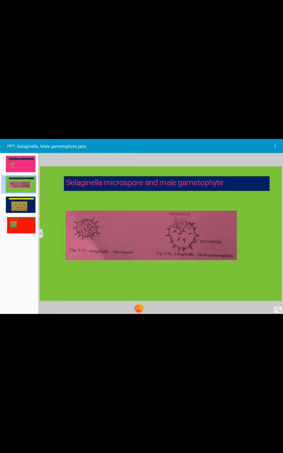After germination it forms a 13-celled gametophyte before the sporangium dehisces. At the stage of 13 cells, the sporangium dehisces. The male gametophyte, or microgametophyte, consists of one prothallial cell and one antheridium.